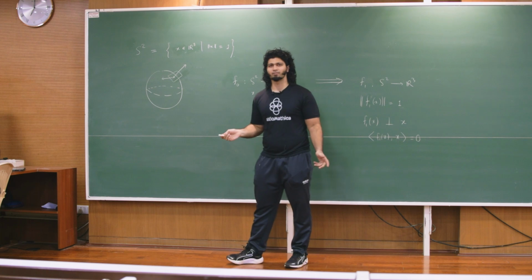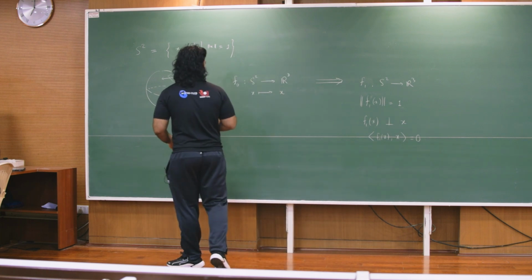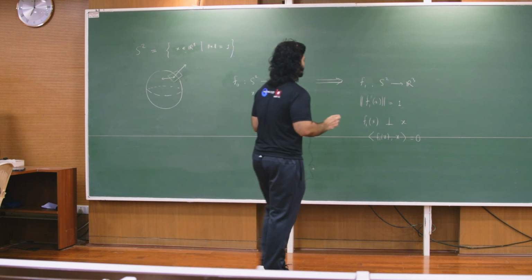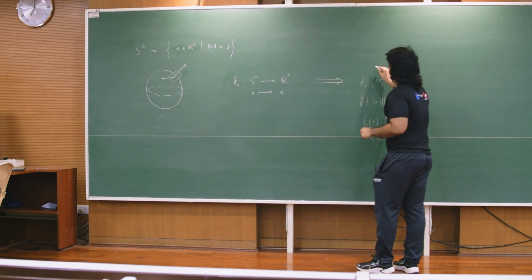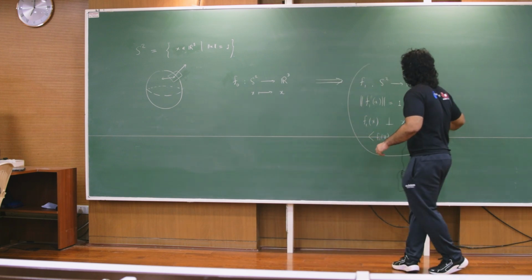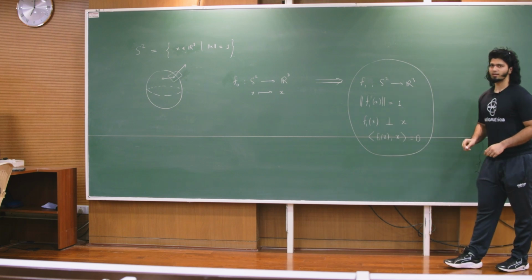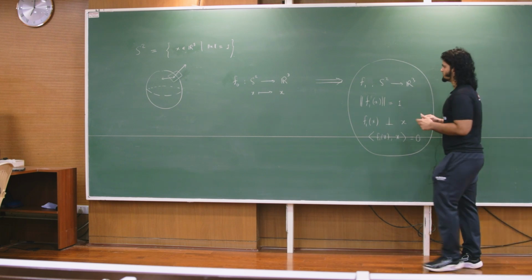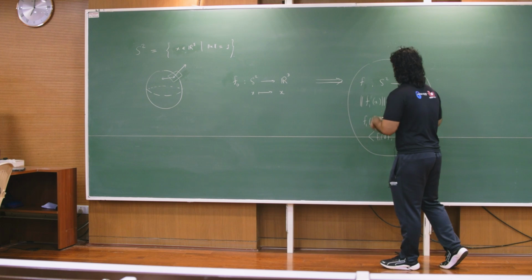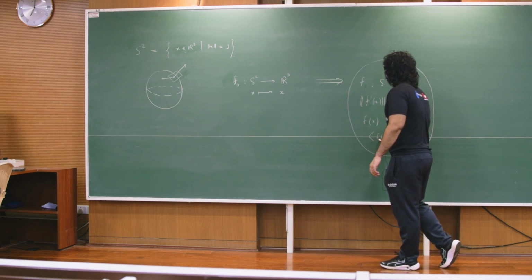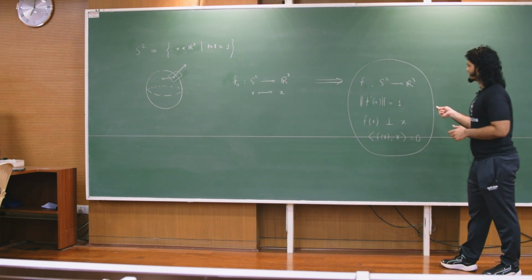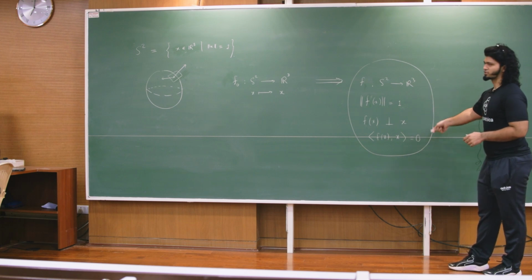I'm being a bit vague, but I guess you can see what I mean. So the problem reduces to whether we can find such a function F1, and since we are talking about one function, we might as well drop the subscript. We want to ask: does there exist a function f from S2 to R3 satisfying these properties?